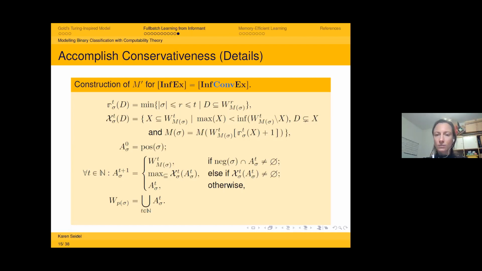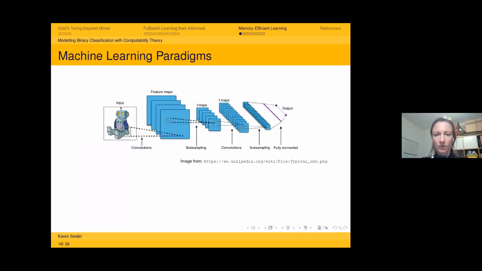Okay, and to really check that this all works and that this new learning algorithm is conservative takes a bit more time and is technical, and I don't want to go into detail here. What I want to do instead is talk about another model, or more models, because the model we looked at so far is a model for very classical machine learning algorithms for binary classification.